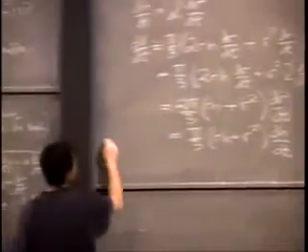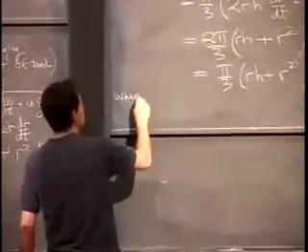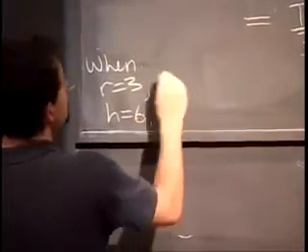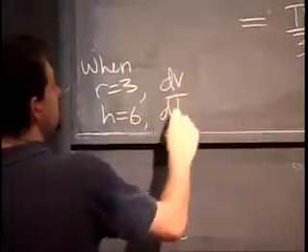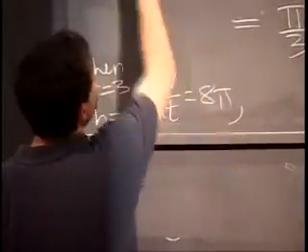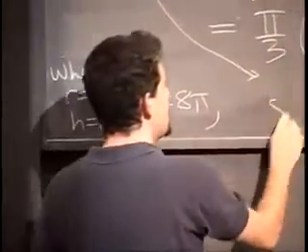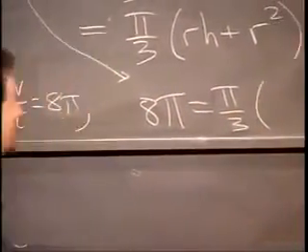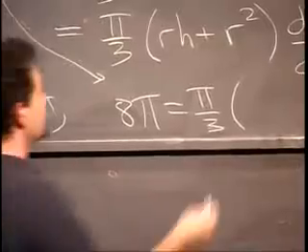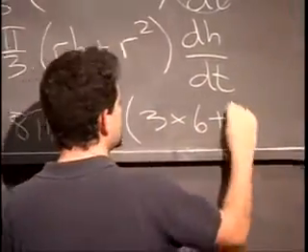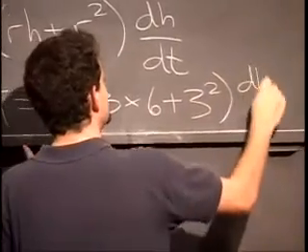So come over here. When r equals 3, h equals 6, and dV dt we already know is equal to 8 pi, this equation becomes 8 pi is pi over 3, rh is 3 times 6, plus r squared is 3 squared, dh dt.